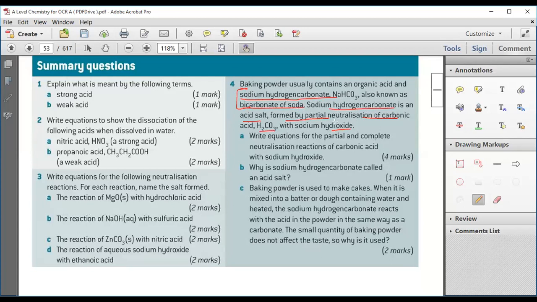This baking powder is used to make cakes when it is mixed into batter or dough containing water and heated. The sodium hydrogen carbonate reacts with acid in the powder in the same way as a carbonate. The small quantity of baking powder does not affect the taste, so why is it used?